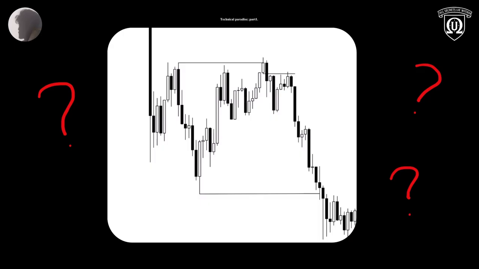But before we go into the details, we have to understand that every single candle you see in front of you, what's a candle? A candle is data. A candle is data of either a lot of buying going on or a lot of selling.